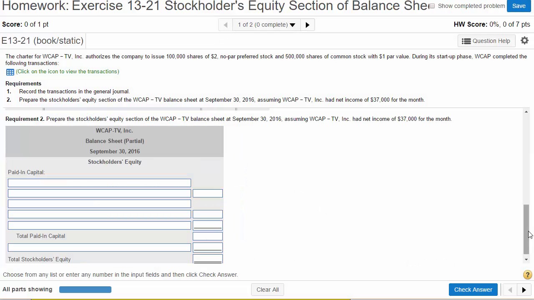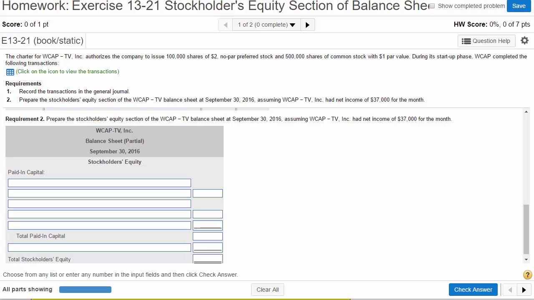Okay, so we have our journal entries. Now we have to prepare the stockholders' equity section of WCAP TV for the balance sheet. Let's review the proper order for the equity section of the balance sheet.